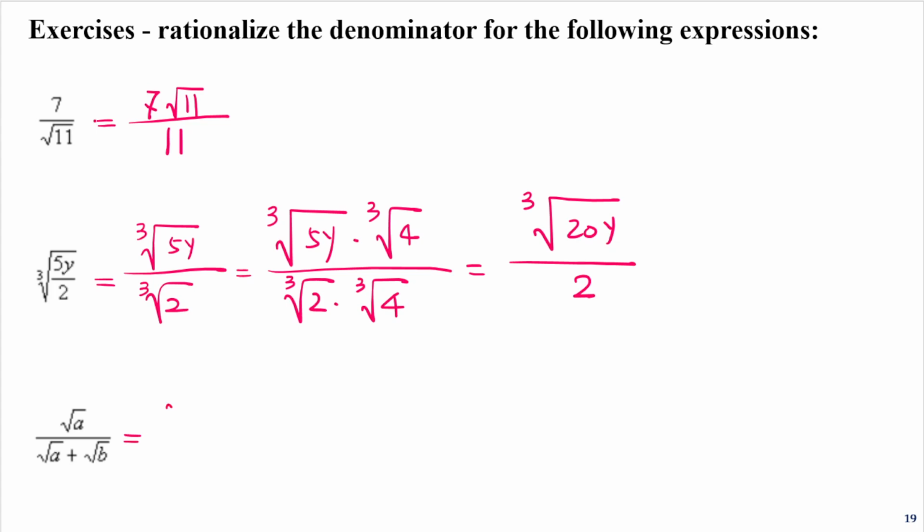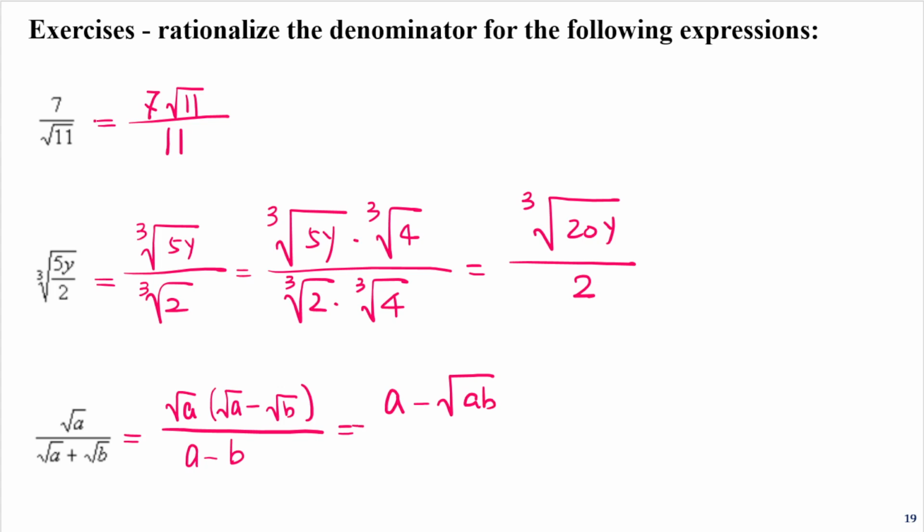Okay, next one, multiply both numerator and denominator using square root a minus square root b. So this will give us a minus b equals a minus square root ab over a minus b.